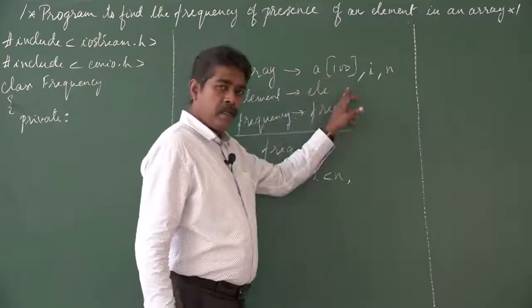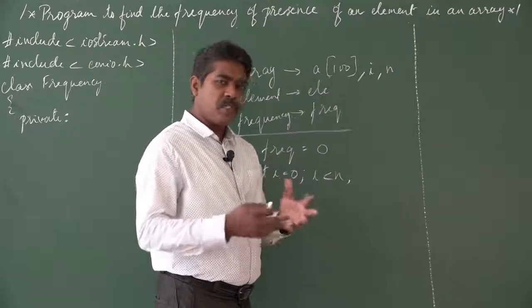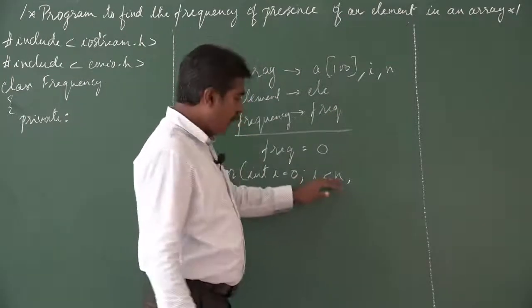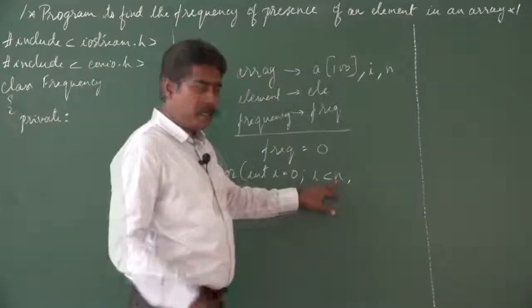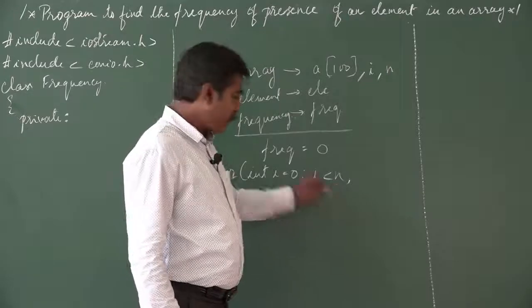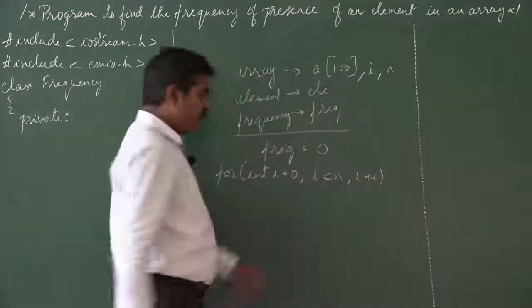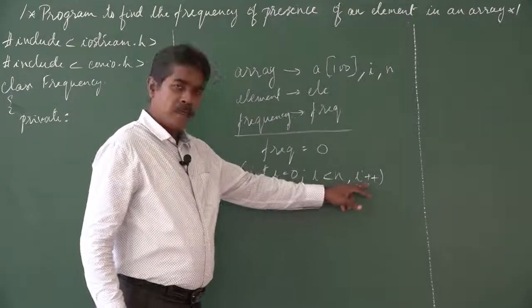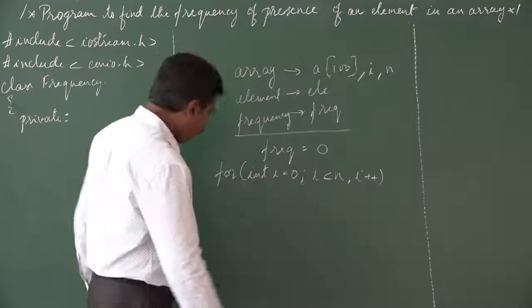Though we have declared 100 as a standard size, we will be accepting 5 or 6 or 7 elements. So n denotes that 5 or 6 or 7, whatever the number of elements we are going to take. i++ will be the updation, for updating the indexing value.